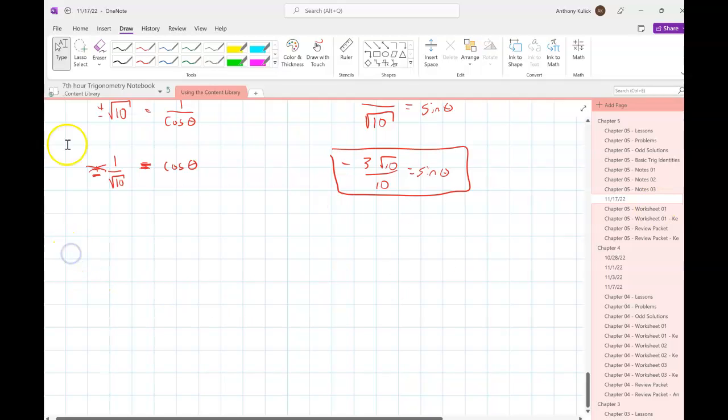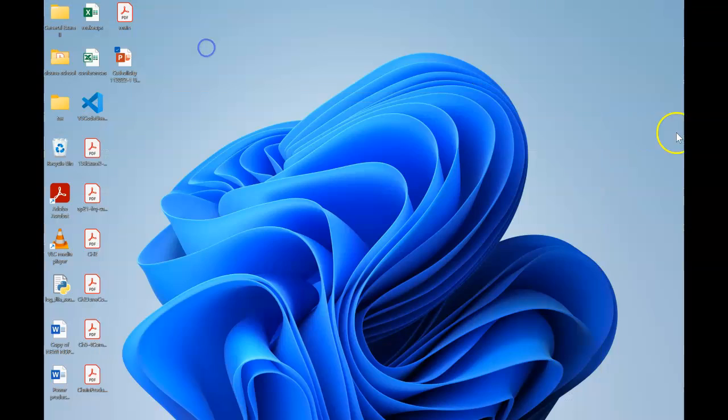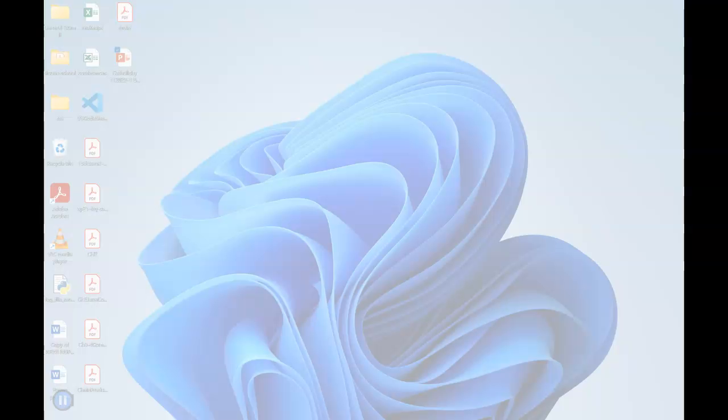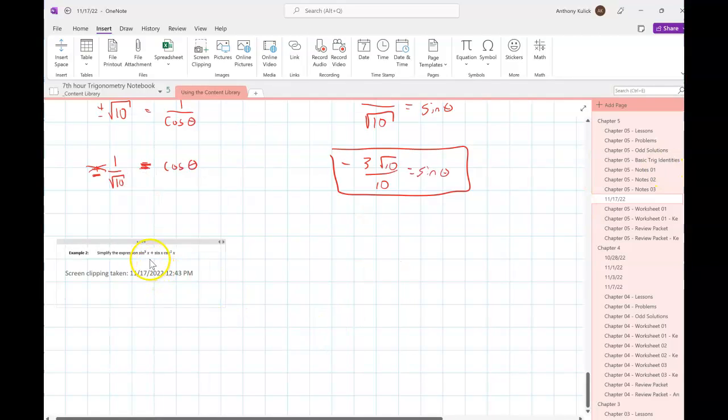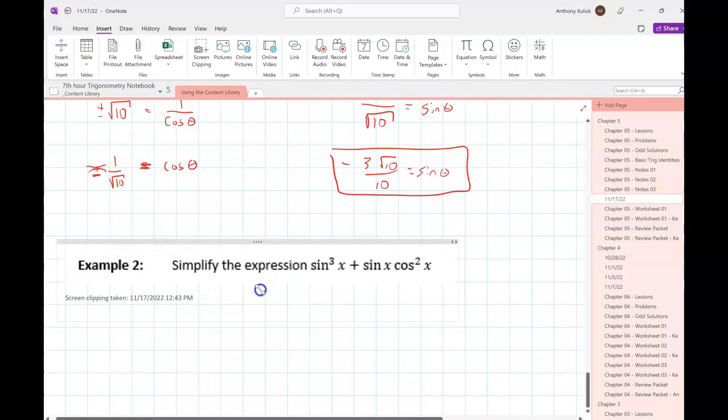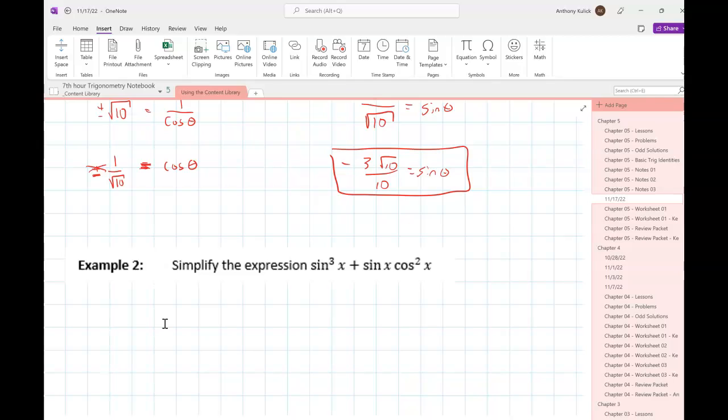All right. The other type of problem that we'll be doing in this section will be simplifying an expression involving these trig functions. When we're doing a simplifying problem like this, there's two things that we can use. We can do algebra stuff, like foiling and factoring and making common denominators and combining like terms.